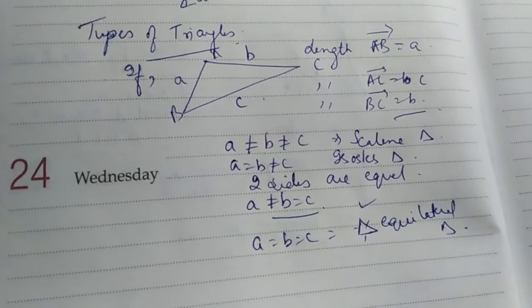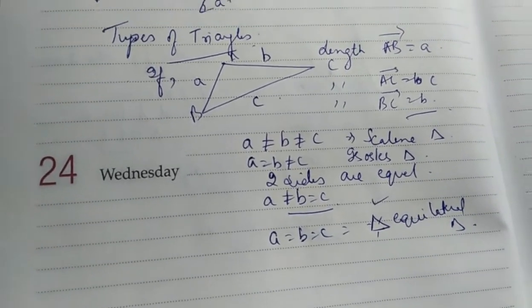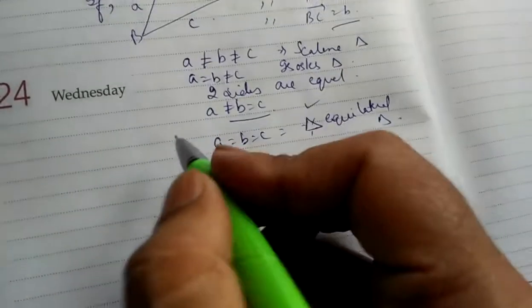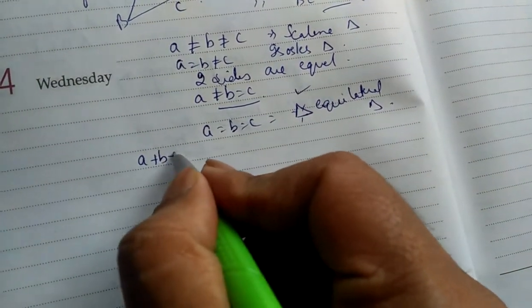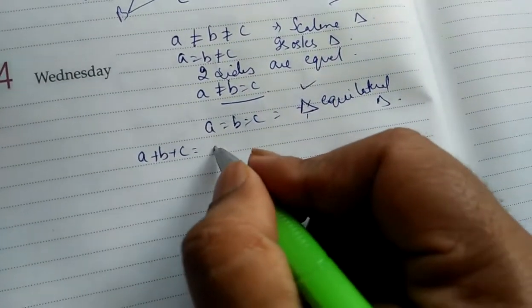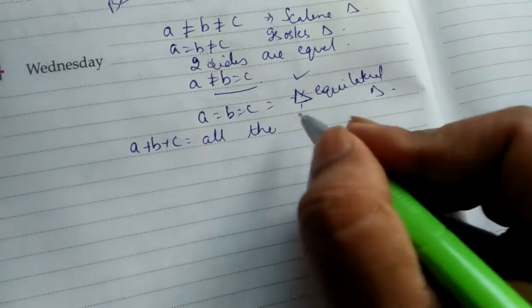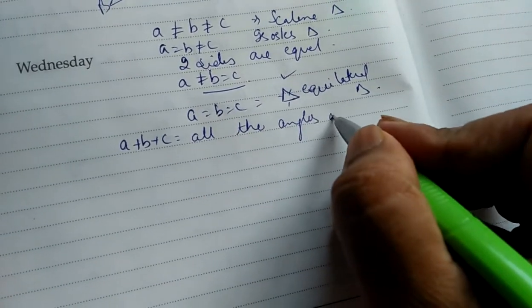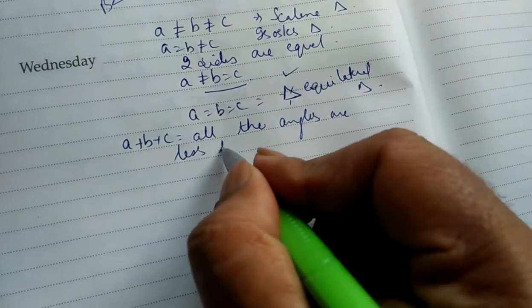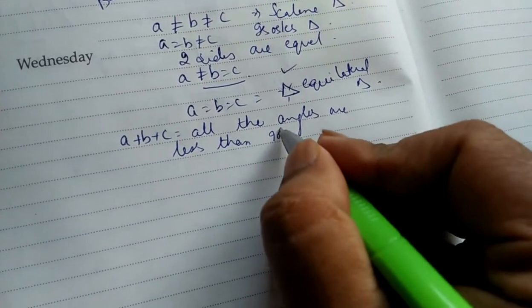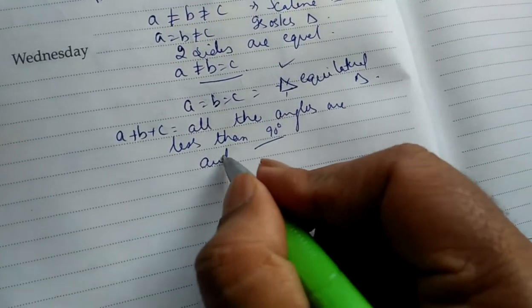Based on angles, triangles are acute, obtuse or right angle triangles. Okay, so if all three angles A plus B plus C, all the angles are less than 90 degree, this is acute angle triangle.